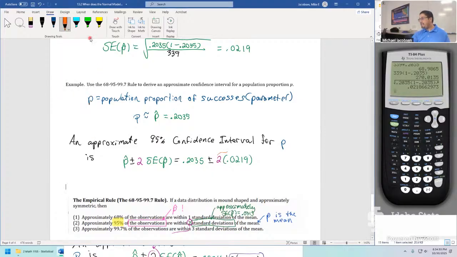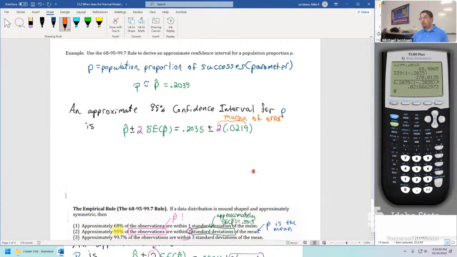And just to tie together this concept, this part right here, 2 times 0.0219, is the margin of error. This is the error in making this estimate right here. Estimate the unknown parameter with the statistic.